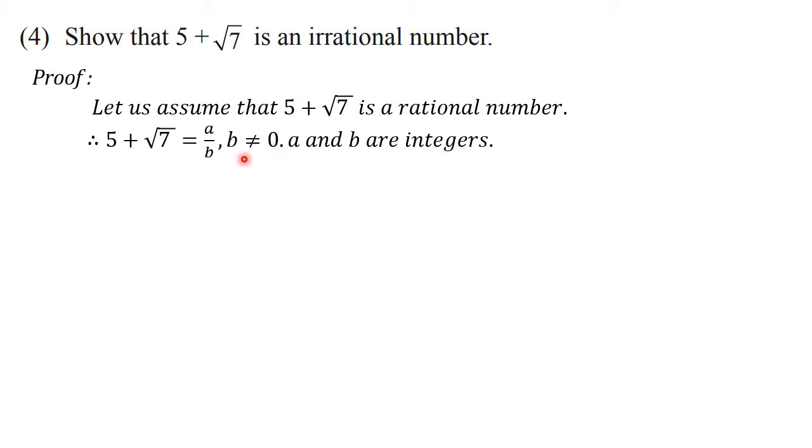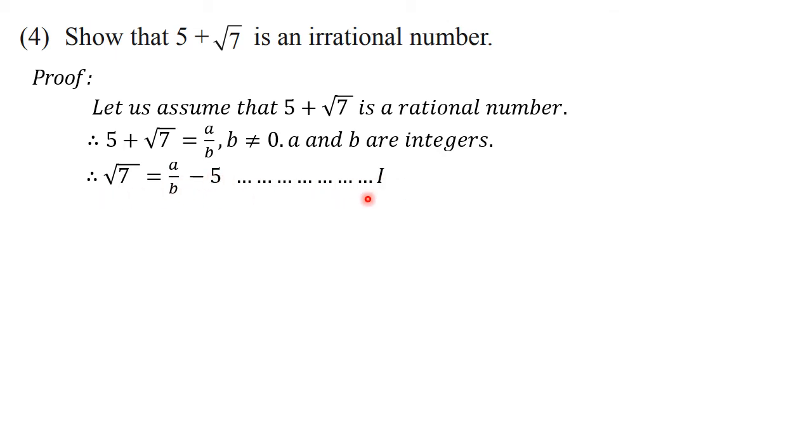You know that the denominator cannot be 0. So this condition you need to write, that B is not equal to 0. Okay. So this 5 plus root 7 we have written as A upon B, that's a rational number. Now this 5 we will shift to the RHS. So what we will get here, root 7 is equal to A upon B minus 5. Number this as 1.